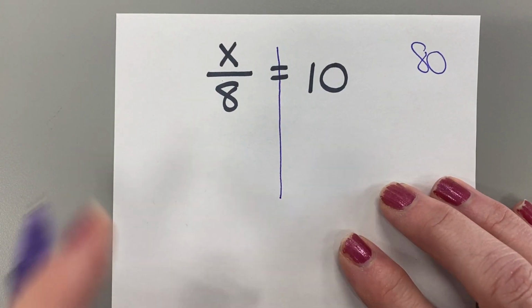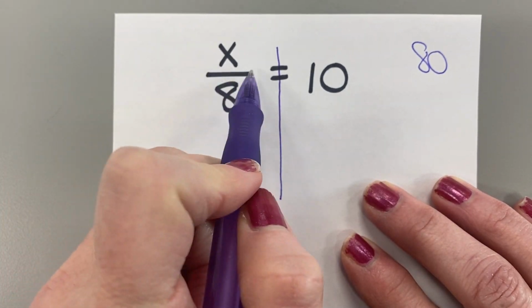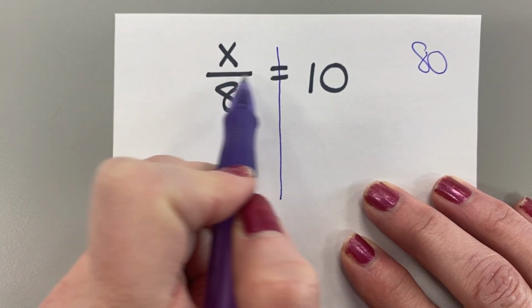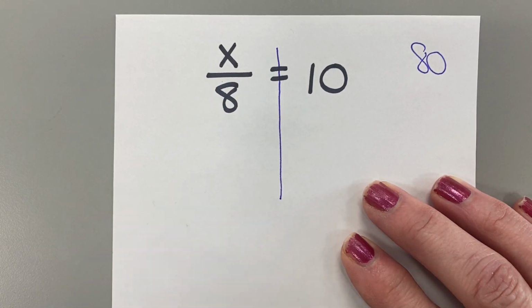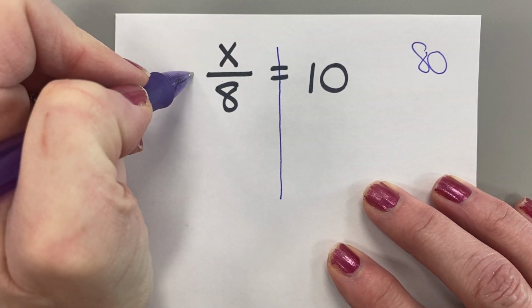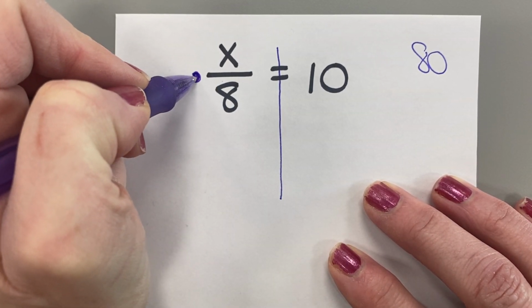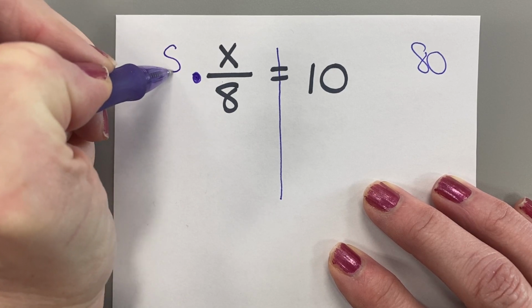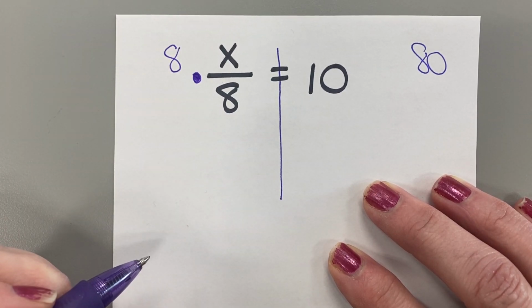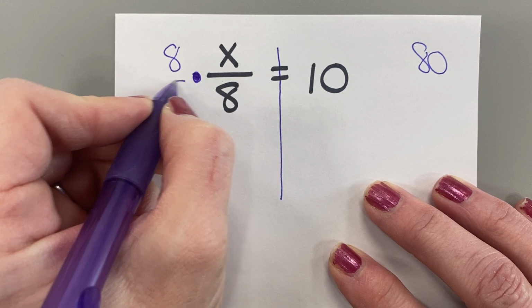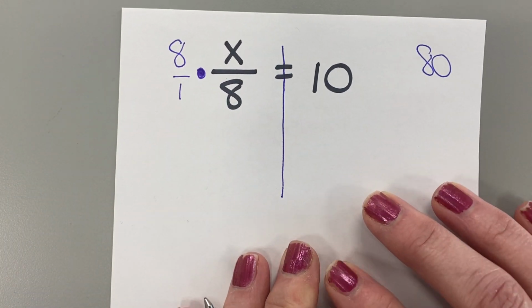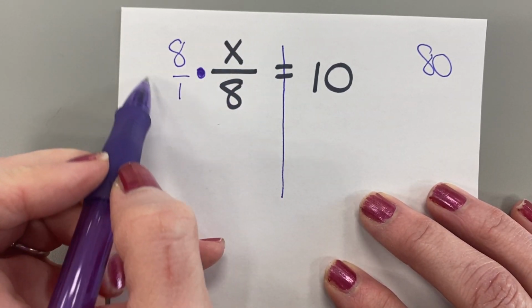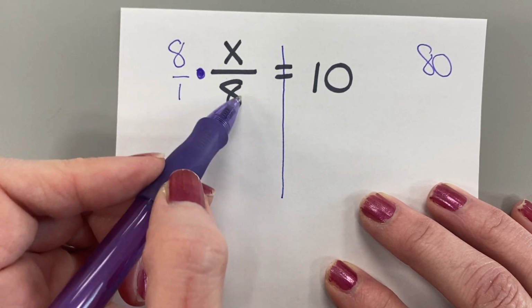Okay, what's happening with the x right now? Division. What's the opposite operation of division? Multiplication. So if you multiply by 8 on this side, watch what happens. You could kind of put this 8 over 1. And remember when we learned to multiply fractions, remember cross-canceling?